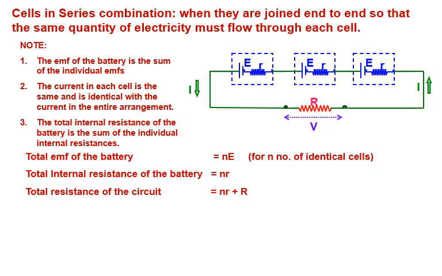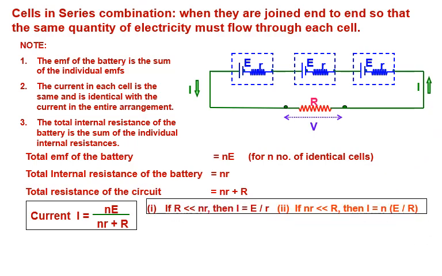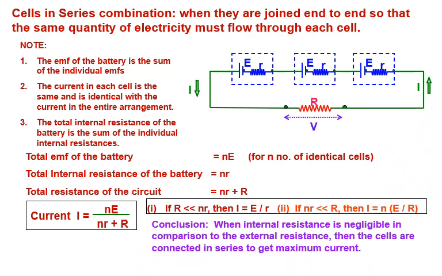The total resistance of the circuit will be n into r plus capital R. And the current will be nE upon n into small r, meaning the total internal resistance, plus the external resistance. And when internal resistance is negligible in comparison to the external resistance, then by putting it in the formula of current, you can see that the cells are connected in series to get maximum current.